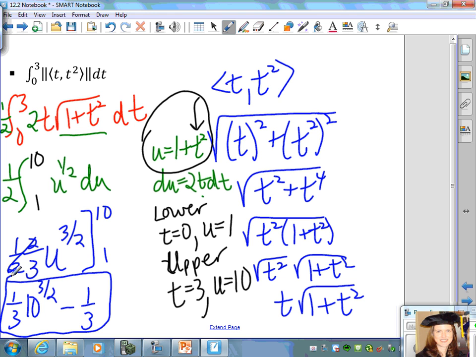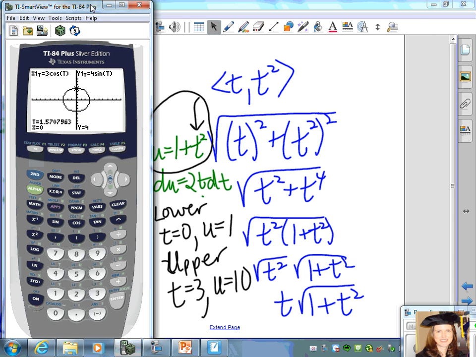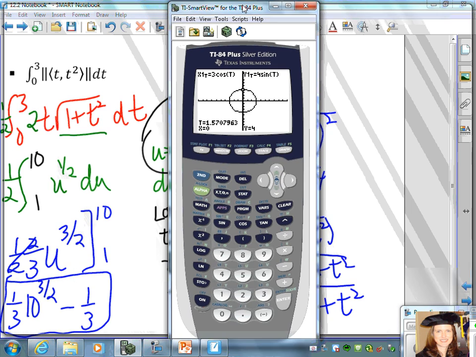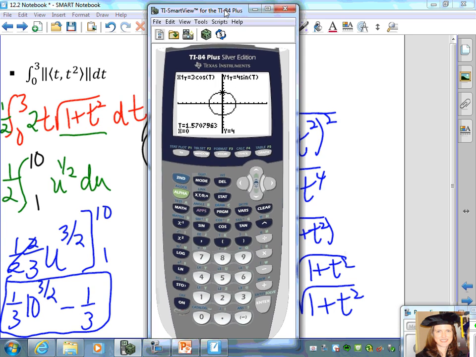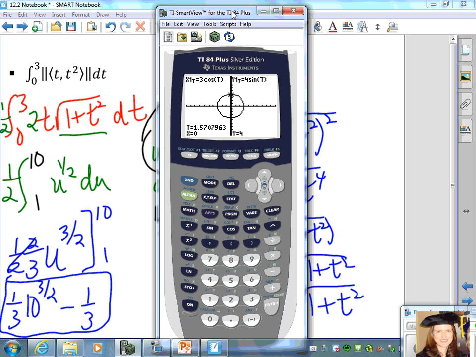Now I'm going to show you how you can use a graphing calculator to approximate that definite integral. When you are using the graphing calculator to approximate a definite integral, you can go back to the original definite integral before any substitutions were made.